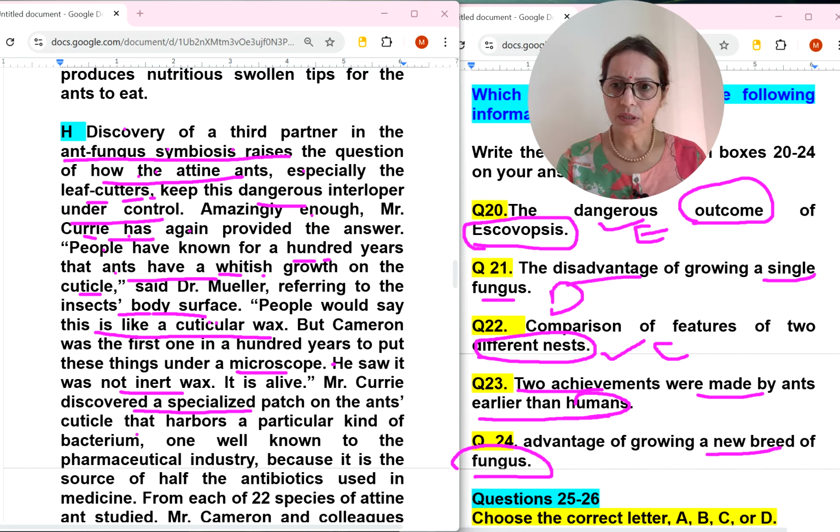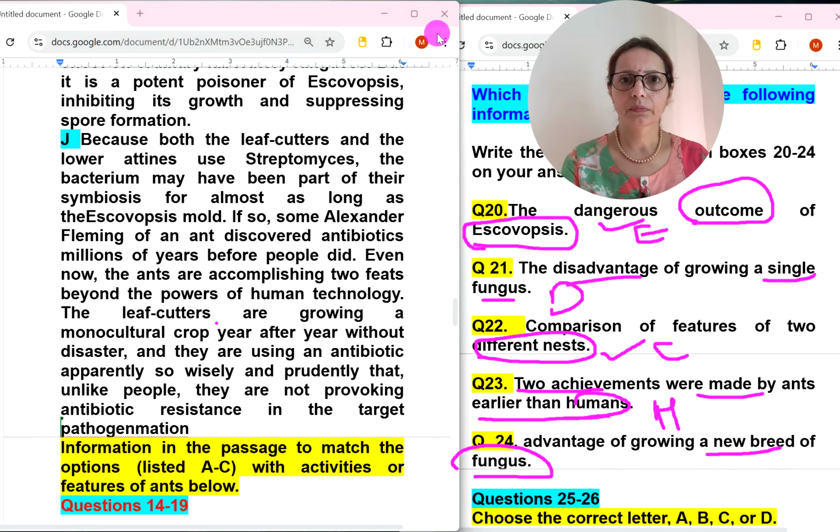I think they are talking about a specialized patch, and the question is written in a different way, I think. So I will select this H number because here they are talking about people and humans. So this will come for 24th. Let's read the last option also.